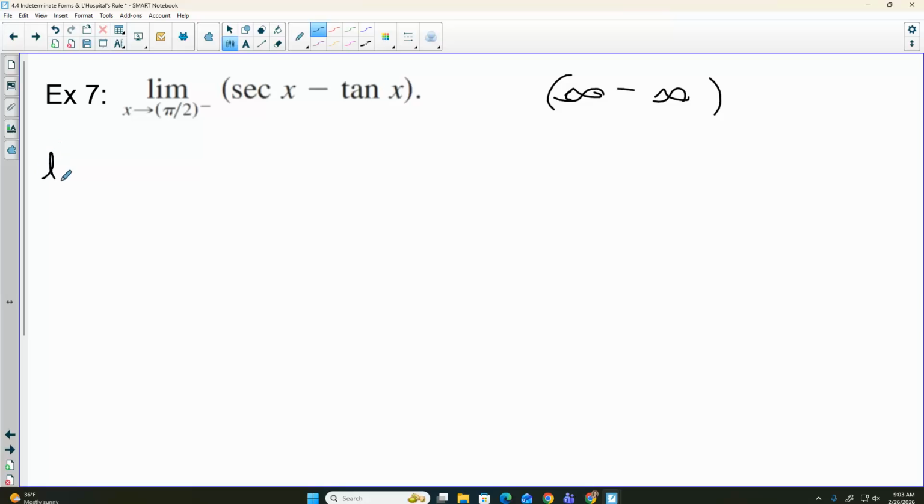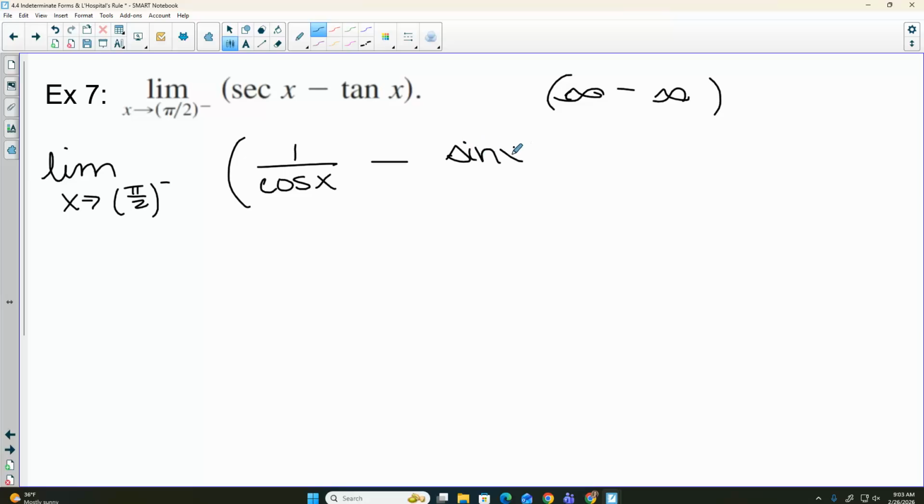If I'm going to try to combine these things so I have a fraction, what could I do? How could I rewrite secant? And tangent would be sine over cosine.